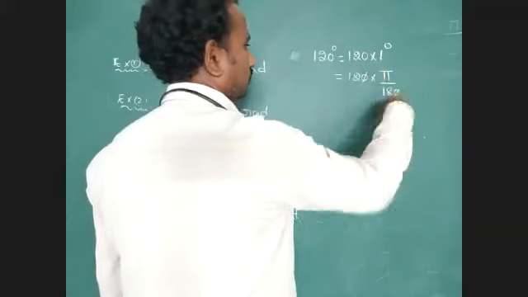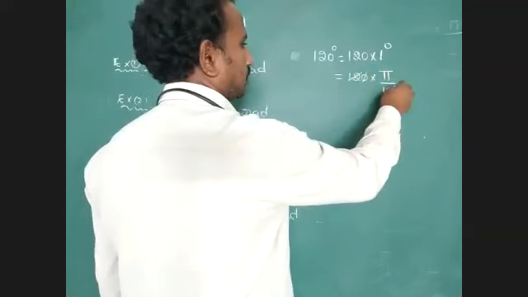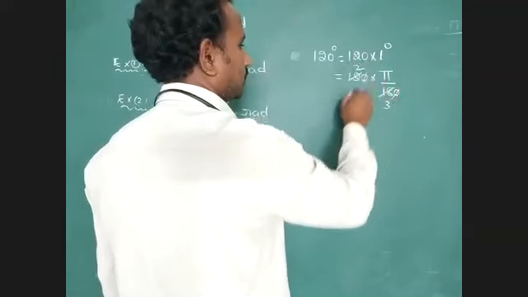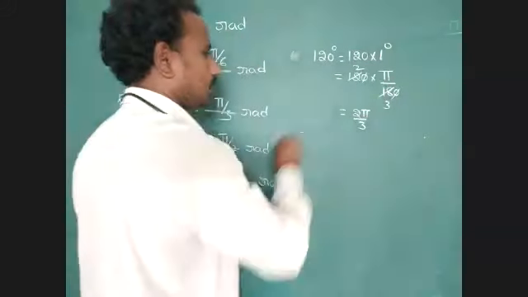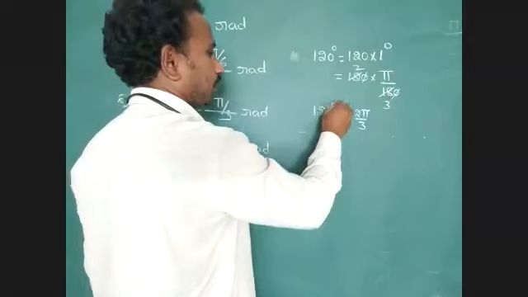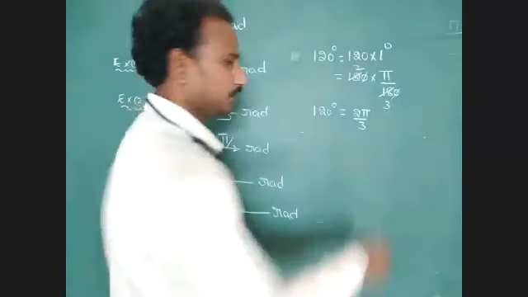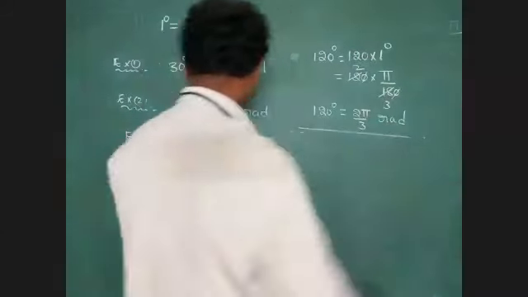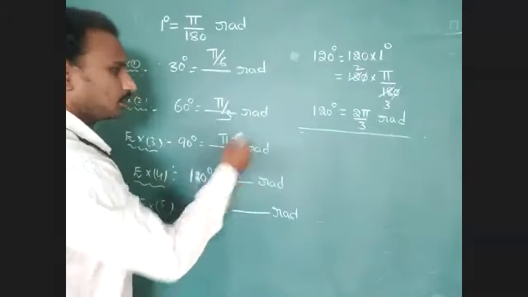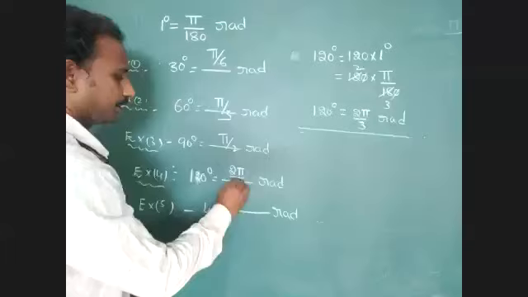Here the zeros get cancelled. 6 goes 3 times, 6 goes 2 times. 2 pi by 3. So 120 degrees equal to 2 pi by 3 radian.